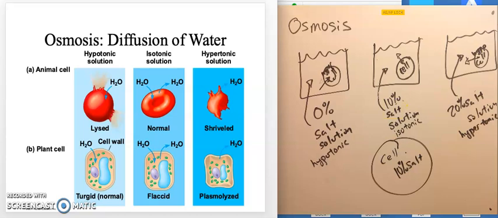The direction of water's movement is going to be the same whether it's in a hypo or hyper or isotonic solution. But plant cells will just fill up with water and become turgid if they're in a hypotonic solution. Animal cells will burst. Animal cells are happy in an isotonic solution, plant cells are limp, and both kinds of cells will shrivel up when they're in a hypertonic environment. This is particularly bad for plant cells because their plasma membrane gets ripped away from the cell wall and they become plasmolysed.